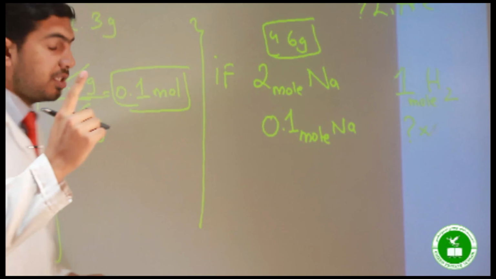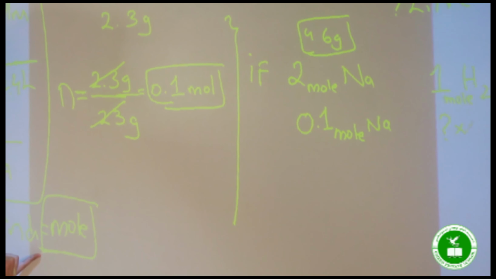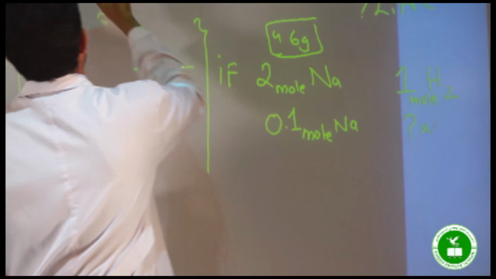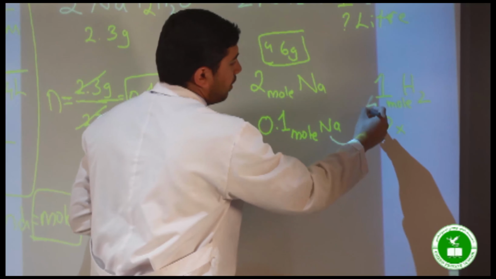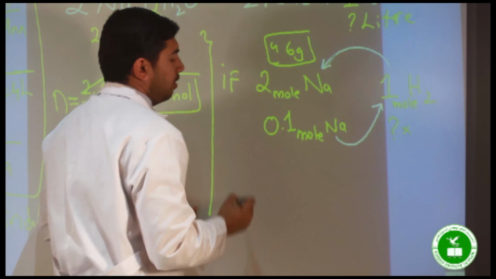This is our first thing that we have studied. We told that find mole. 0.1, cross product, everybody knows. 0.1 multiplied by 1 divided by 2.